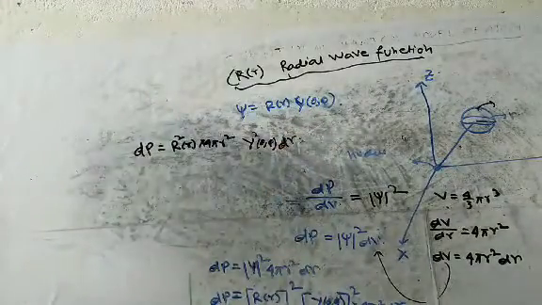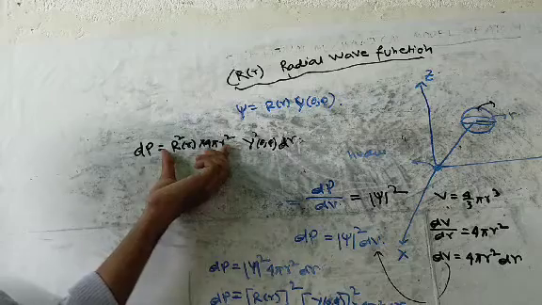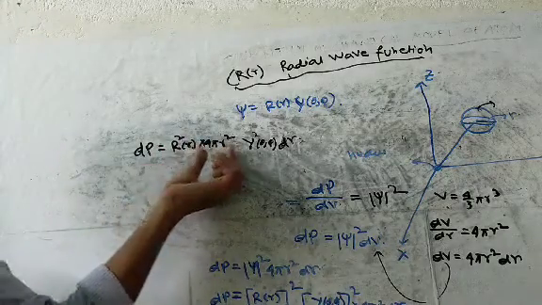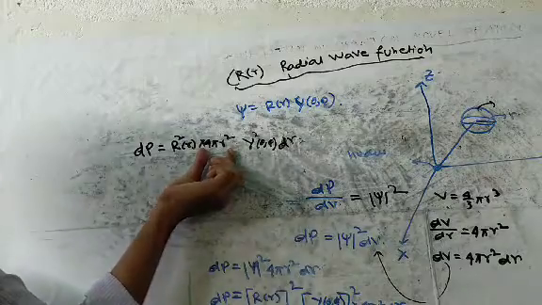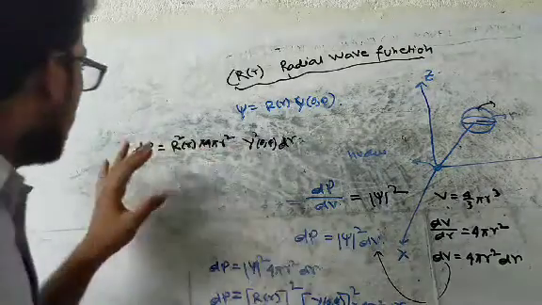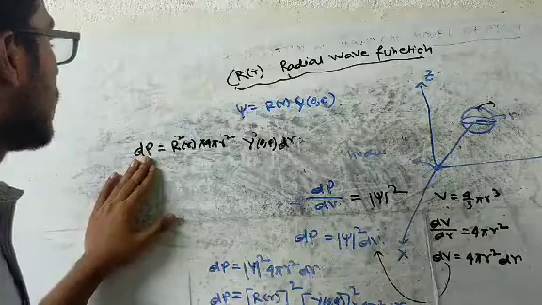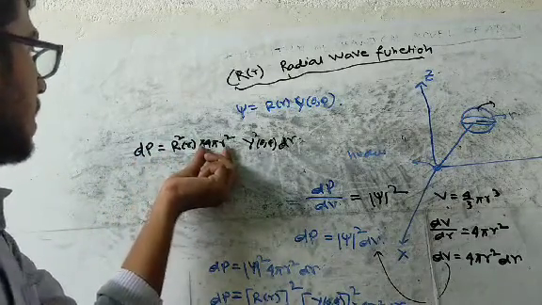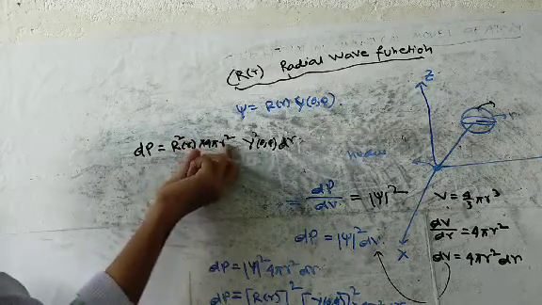So that means now my probability depends not only on the square of the radial wave function, but I have to multiply this part with 4 pi r square. So my probability also depends on the distance from the nucleus r.